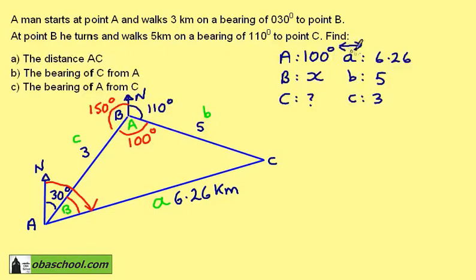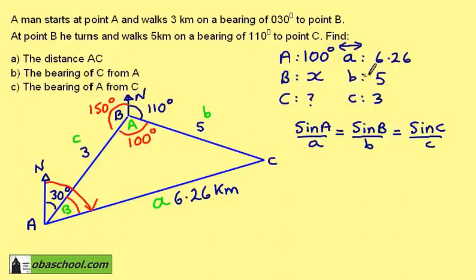We now have opposite information, which means we can use the sine rule. And since we're finding an angle, we'll state the sine rule with the angles on top. So sine A over a is sine B over b, which is sine C over c.